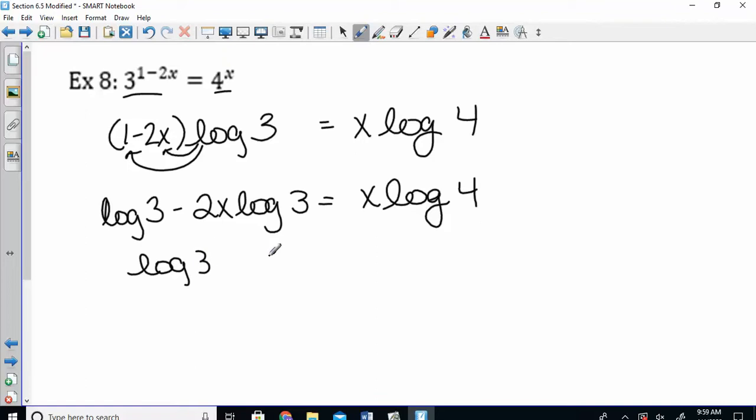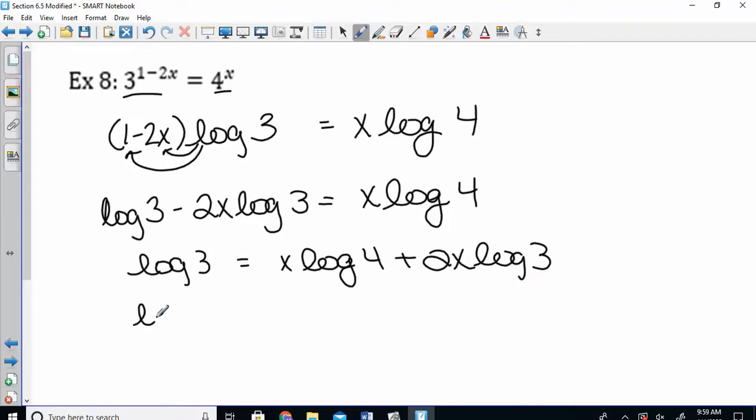So we can add over the 2x log 3 because I want those x's on one side. Then they both have an x, so what should you do? Take out x.